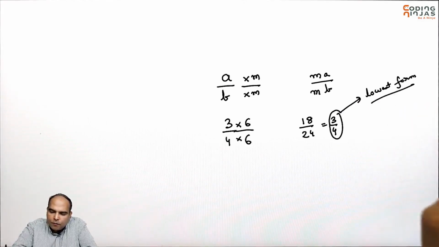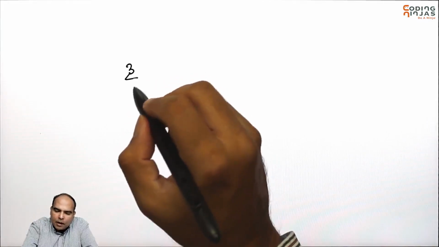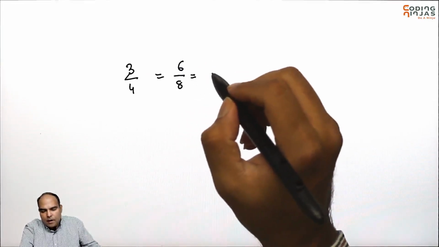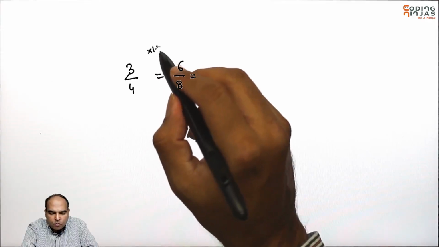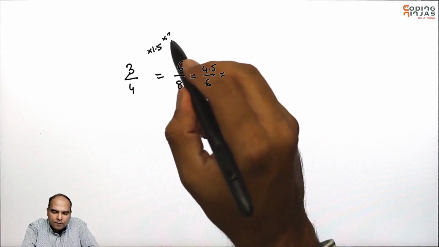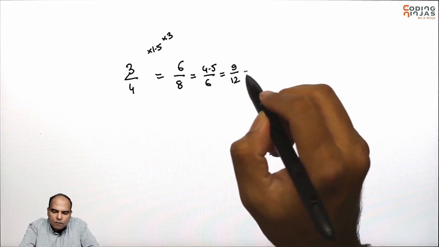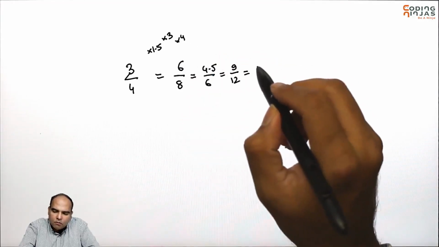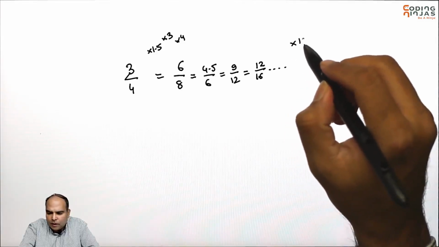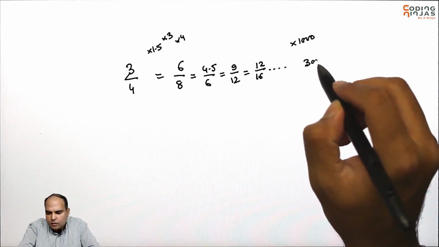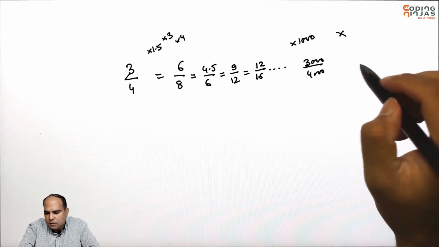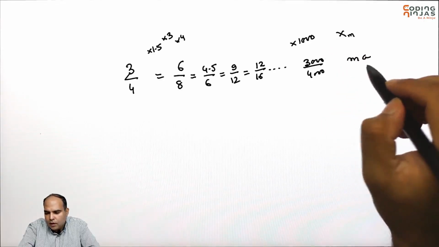because 3 by 4 can be multiplied by 2 to give me 6 by 8, and it can be multiplied by 1.5 also to get me 4.5 by 6, or it could be multiplied by 3 to get me 9 by 12, or you could multiply this by 4, 12 by 16, and so on, or you could multiply it by 1000 to get 3000 upon 4000, or you could multiply it by any number m to get an MA by MB.